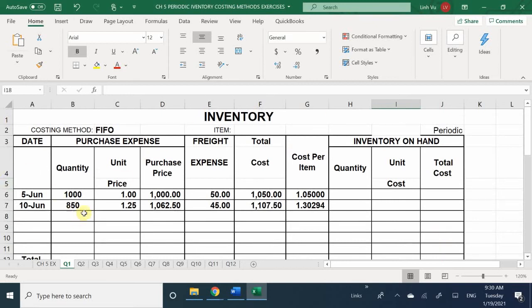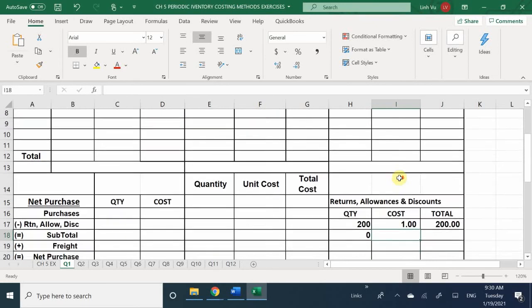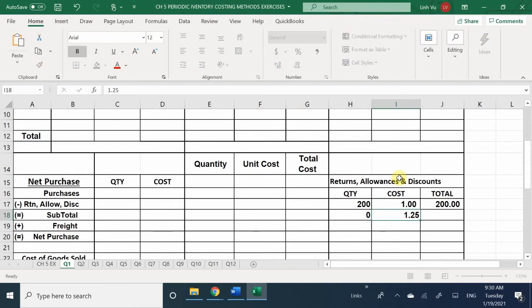Okay. So therefore, if it cost me $1.25 for each item, my formula is going to be $1.25. And I'm going to do parentheses for this one so I can keep it nice and organized. So we're going to do $1.25 times 50, because that's how many we're trying to return. Okay? And we are only receiving 20% from it.